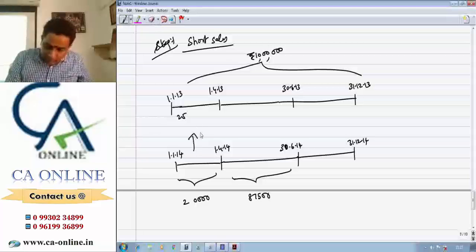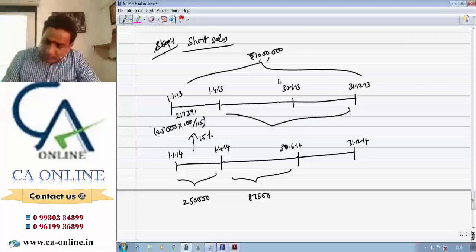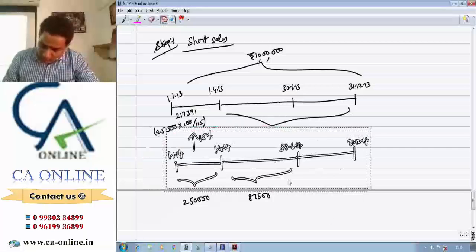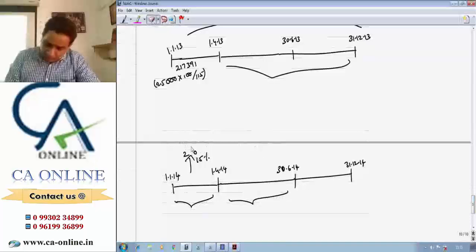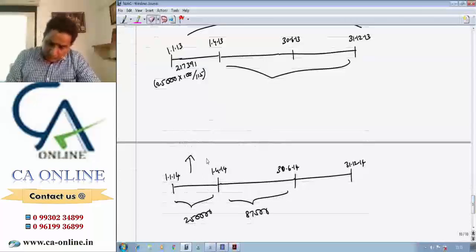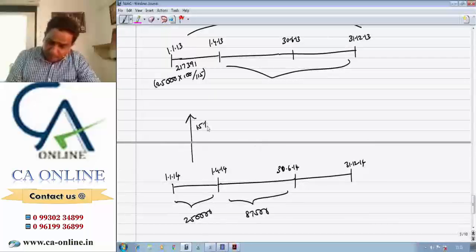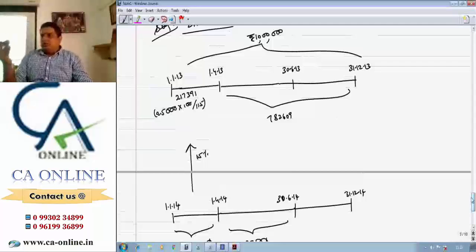During this period there is an increase by 15%, so this should have been 2,50,000 into 100 by 115, 2,17,391. Then what should be the sales for the remaining period? 7,82,609. Now there is no other alternative, we will take 3 months average.